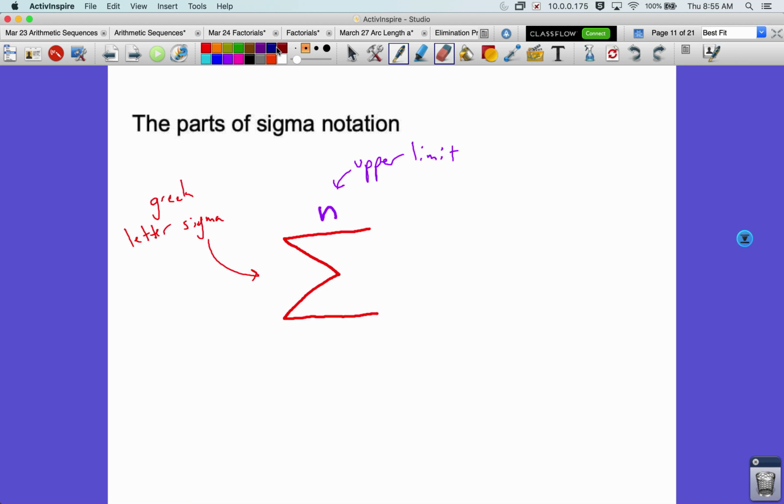All right. On the bottom, we're going to pick a variable. A really common one here is i, but you can pick whatever you want. And then you're going to set it equal to some number. So the i is going to be the variable in the problem. I think one of the reasons we often use i is because this is called the index of summation.